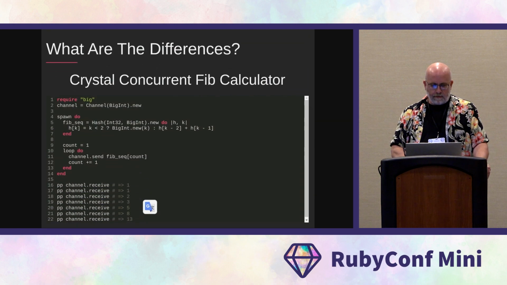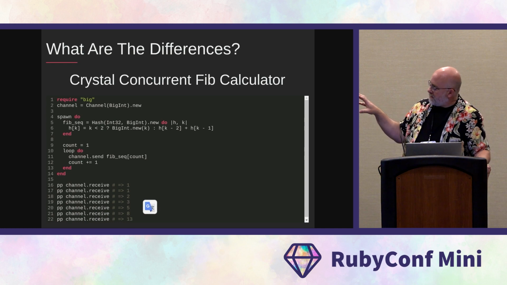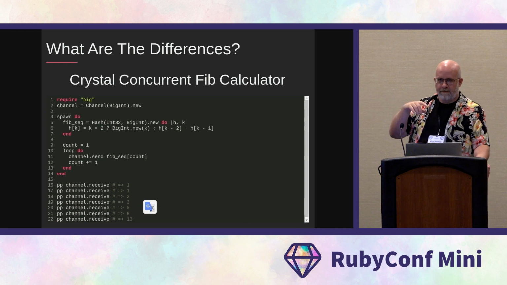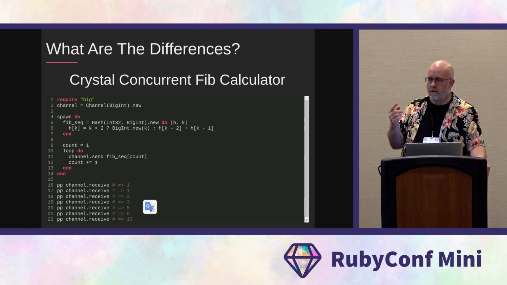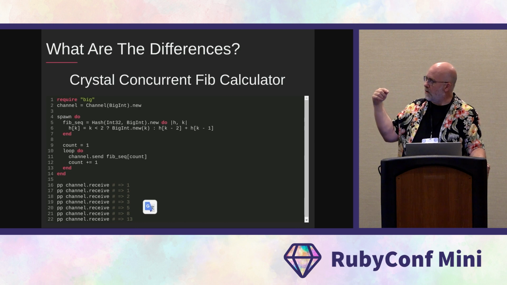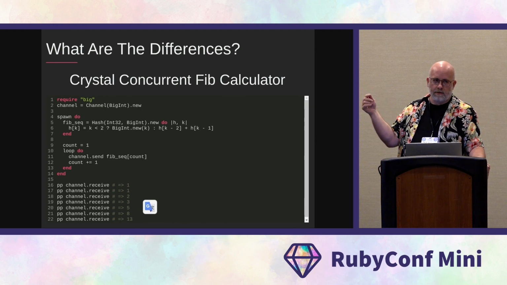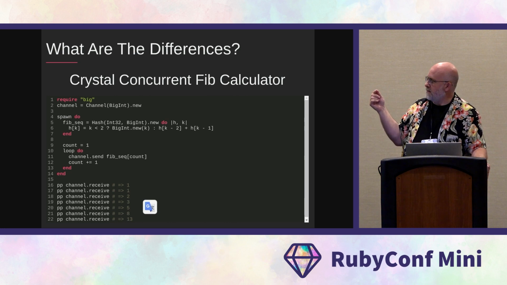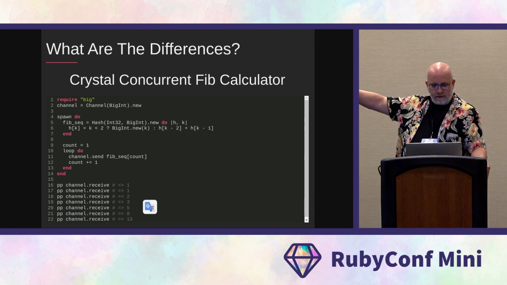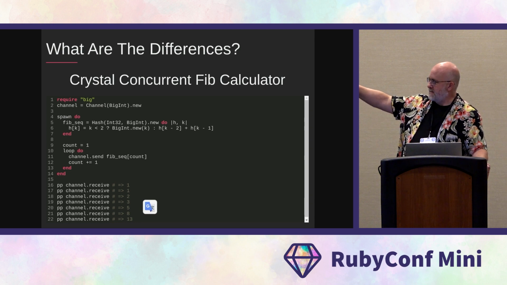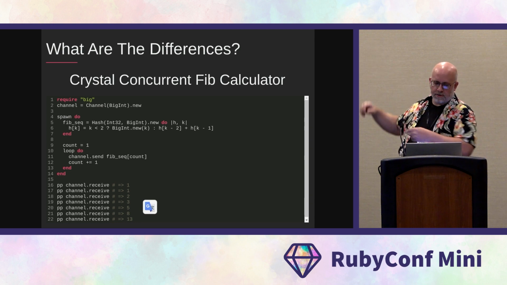Now, when we do it in Crystal, it's a little bit different. If any of you have ever used Go with Go's goroutines and channels, Crystal basically has that model of concurrency. And so what happens here with Crystal is we're spawning a separate execution unit.